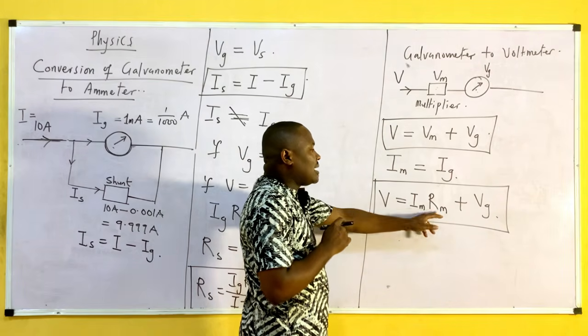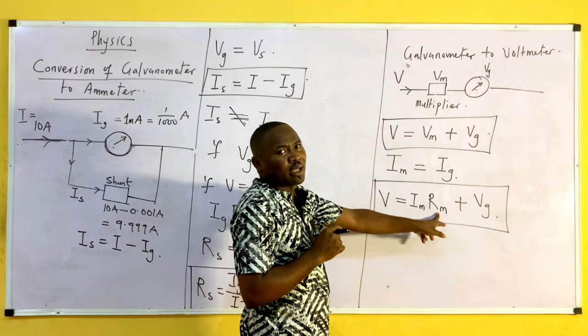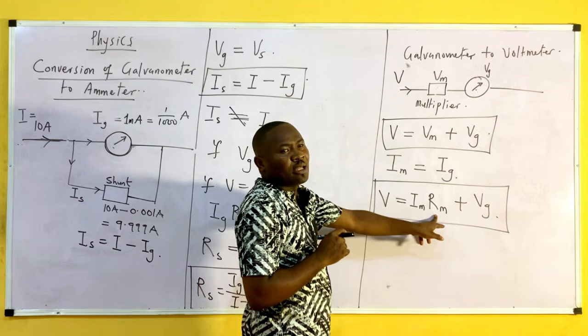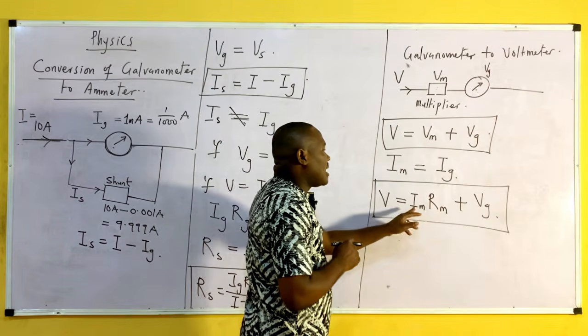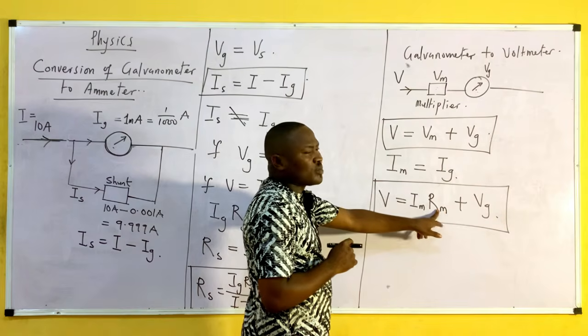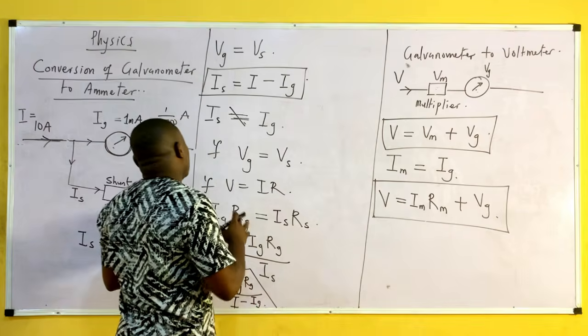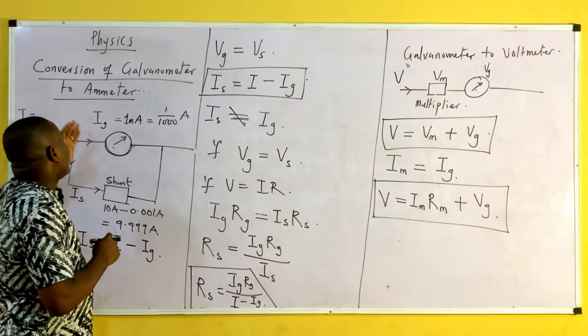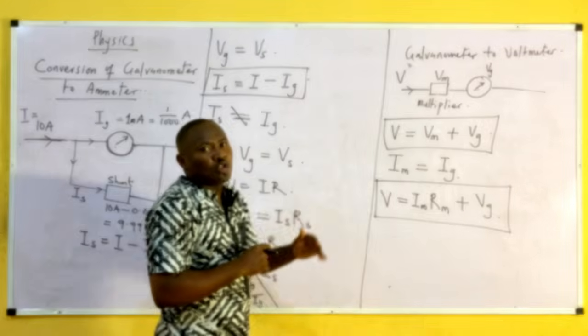Most of the time, the question is to calculate the resistance of the multiplier. So from here, you can easily take this and divide by I. That becomes the resistance of the multiplier. So this is a picture of converting a galvanometer to an ammeter or a galvanometer to a voltmeter.